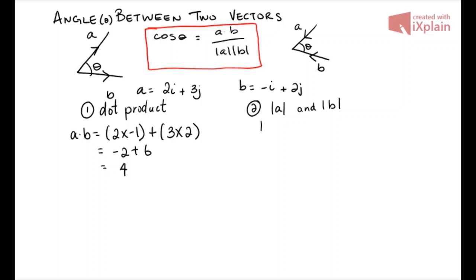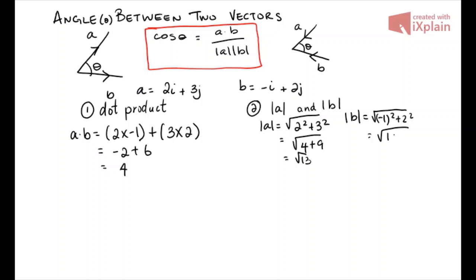Now the magnitude of a will be the square root of 2 squared plus 3 squared, which is the square root of 4 plus 9, which gives us root 13. And the magnitude of b is the square root of -1 squared plus 2 squared, which is the square root of 1 plus 4, which is the square root of 5.